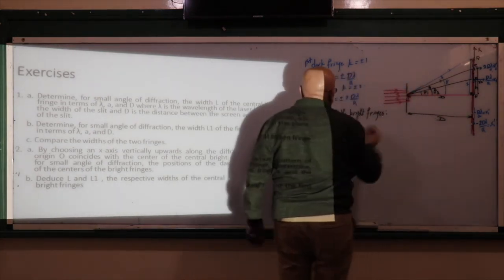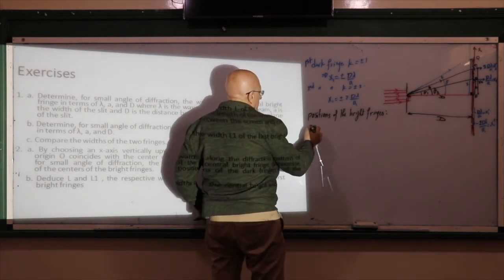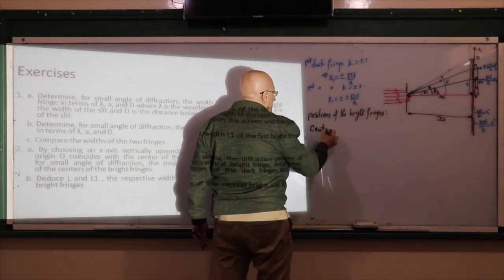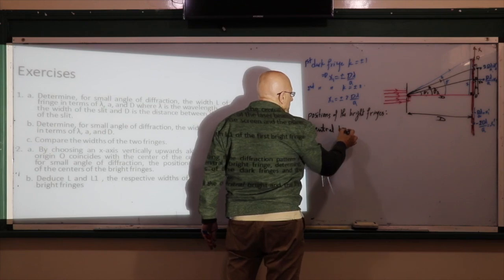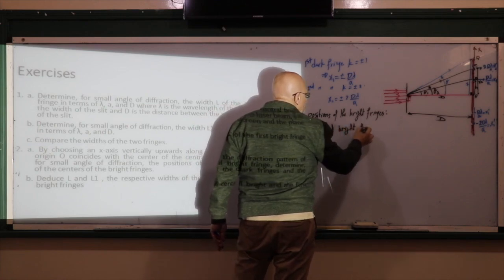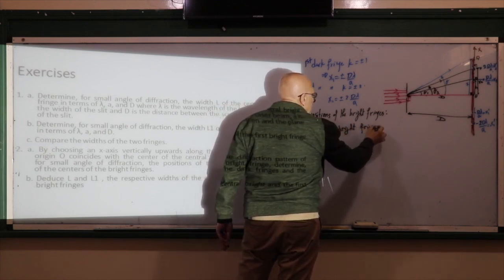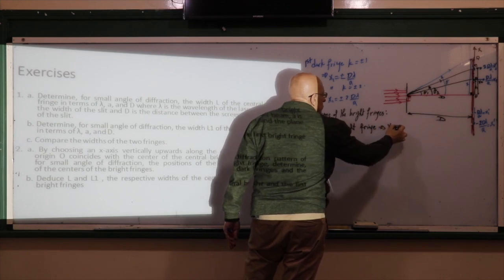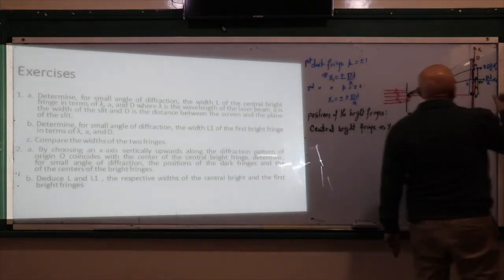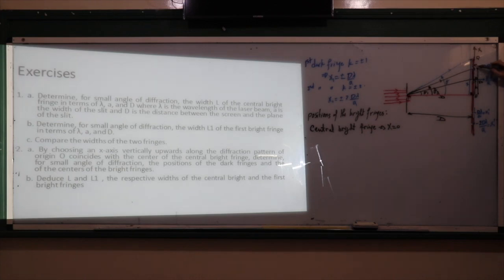So the central bright fringe implies x equals 0. But how to find this one? This is an x-axis. This is the midpoint of this segment.